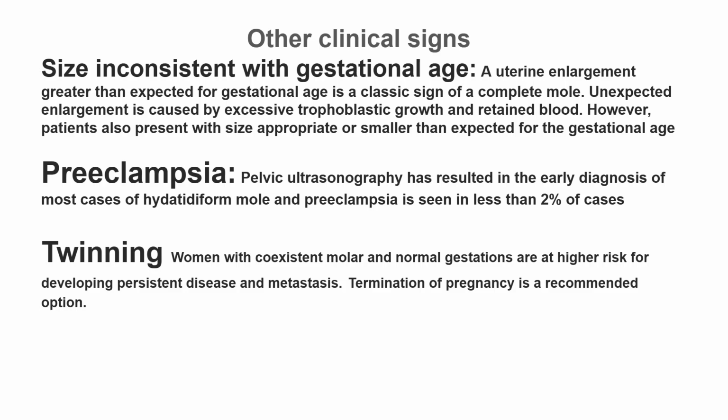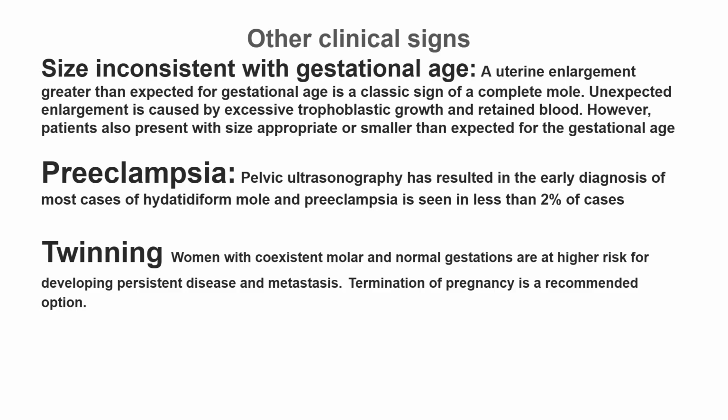There could be a twin pregnancy, as I told, which may look normal, and this twin pregnancy with mole is always a very difficult issue to handle, because the other fertilized gamete may look normal and may even be progressing well.